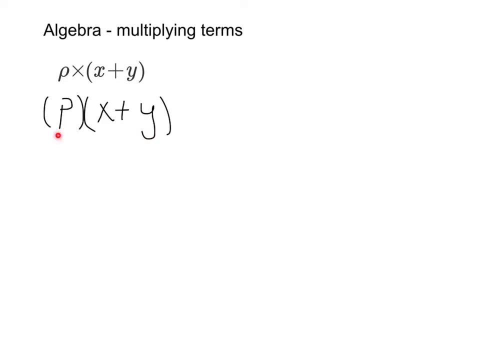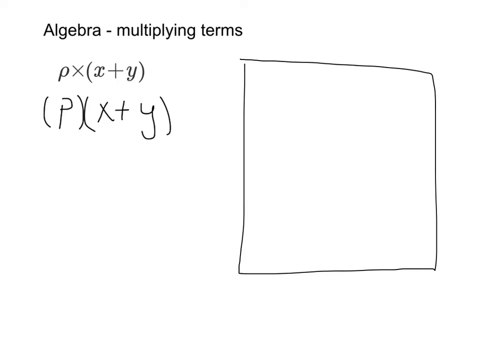So imagine that this is a rectangle, p is the length of one side and x plus y is the length of another side. Draw a nice big one here. Might look like a square, it's just a sketch. Let's put p at the top this time, and we're going to put x plus y here, so I'm going to put x on one side and y on the other side. So I'm just going to split that up some way.